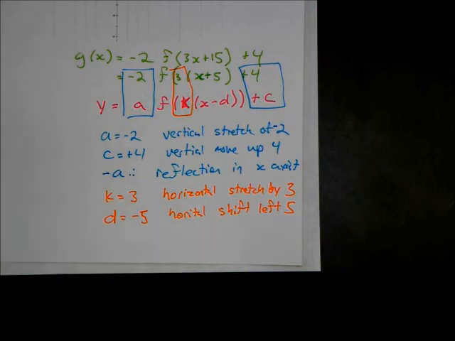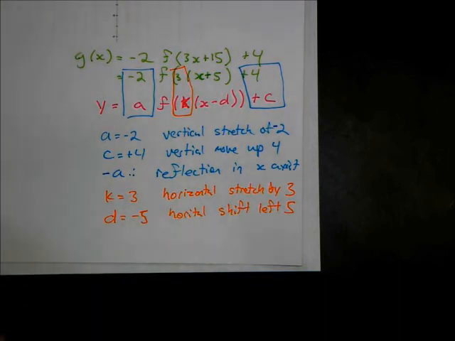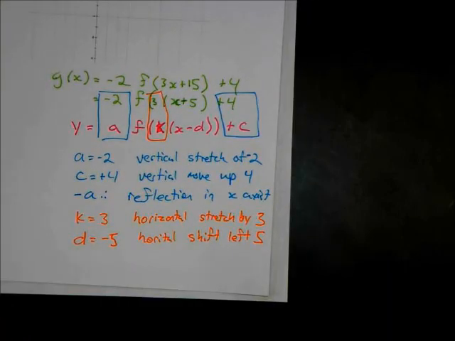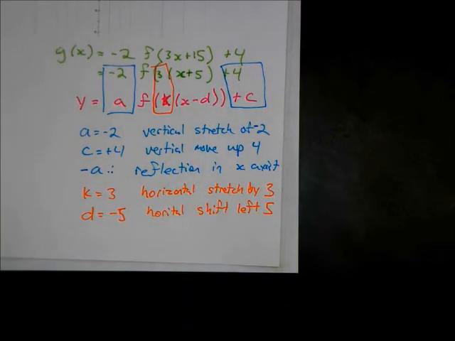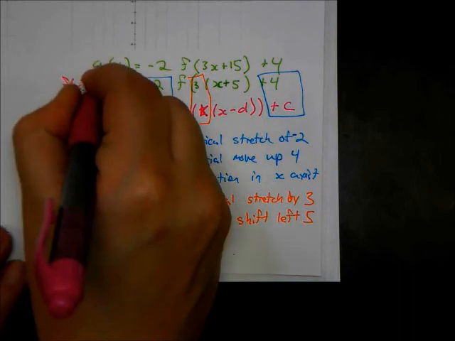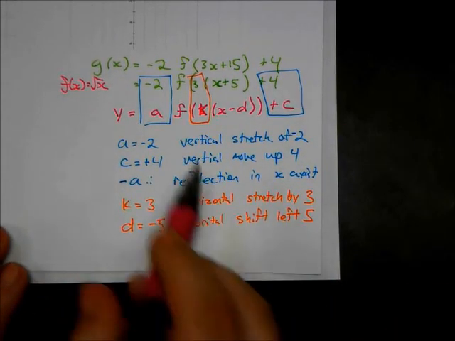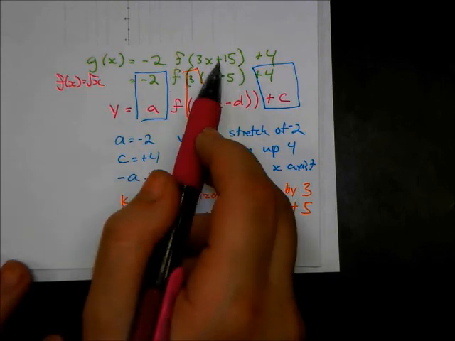So if we look at the instructions, we have identified the transformations that have to be applied to the base function. Then we have to write the corresponding equation. Well, here's our g of x. What was f of x? F of x in this case was square root x. So instead of having the f around this bracket, we're going to have the square root around this bracket.